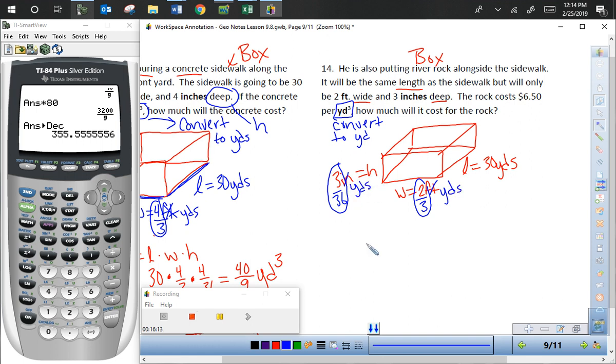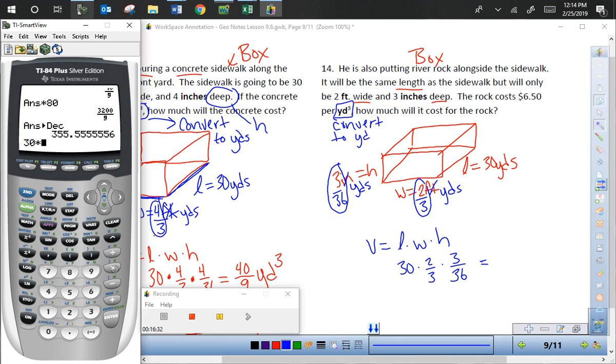So our volume is length times width times height. That looks like 30 times 2 over 3 times 3 over 36. Again, if you want to reduce while you go, you can, but you certainly don't have to.